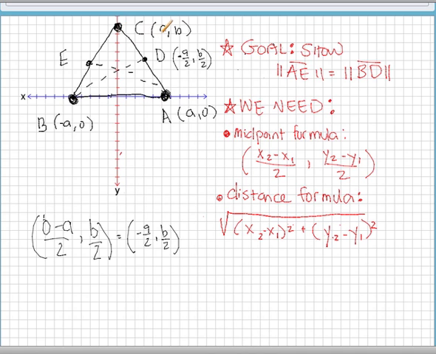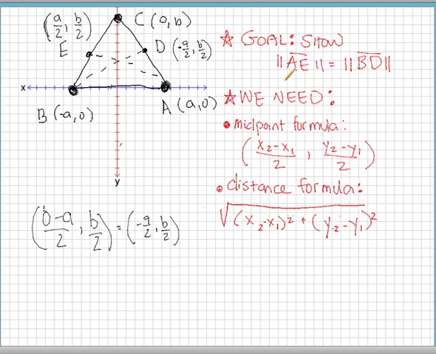We'll take the second x, 0, and subtract the first x. 0 minus negative a will leave us with a positive a, and that will go over 2. And then the second y-coordinate minus the first y-coordinate, so b minus 0 over 2 will just leave us with b over 2. So this coordinate over here is (-a/2, b/2), and this one is (a/2, b/2).